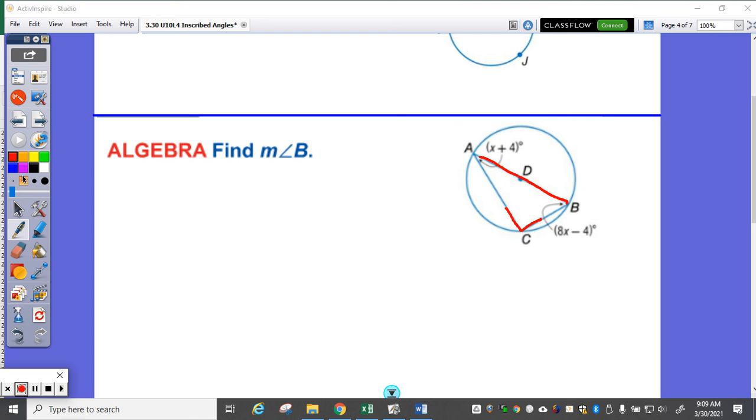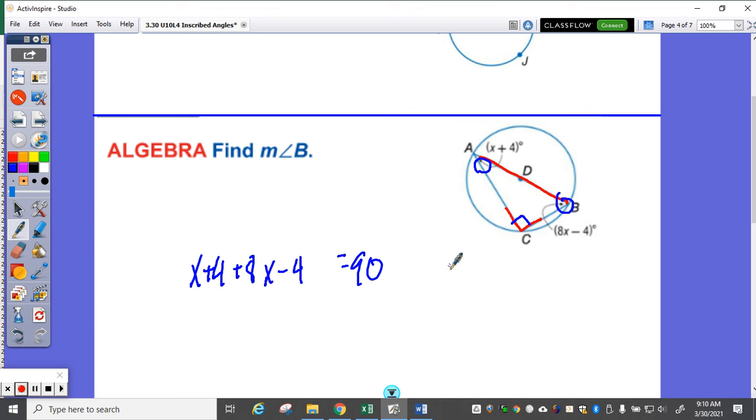Or you could see that, well, if this is 90, then this angle plus this angle has to also equal 90. So I would take x plus 4 plus 8x minus 4 and set it equal to 90. Solve for x, plug it back in.